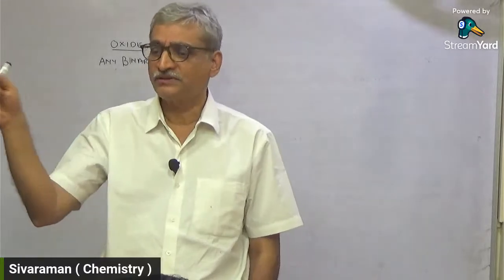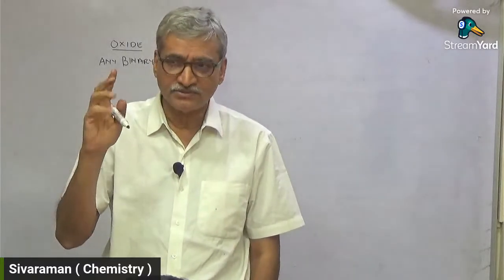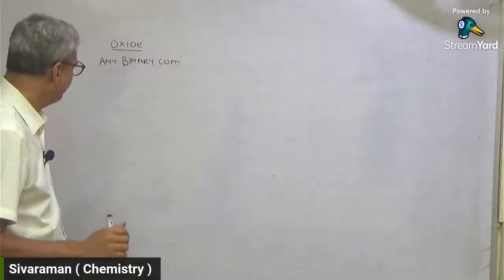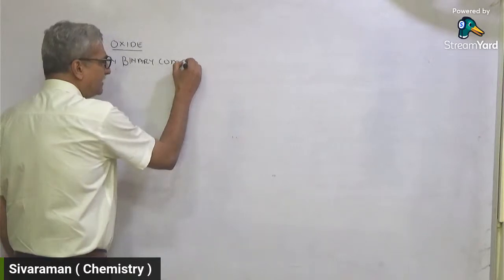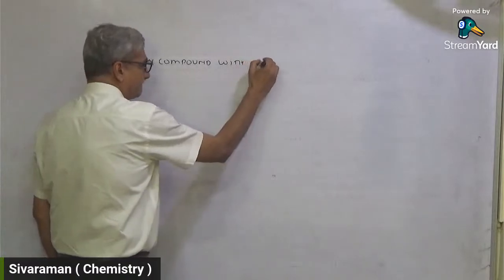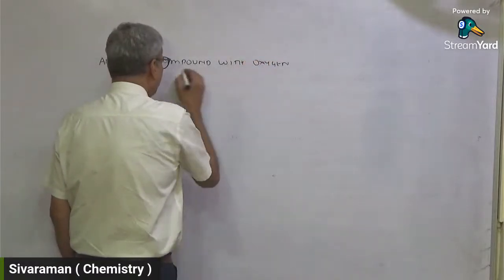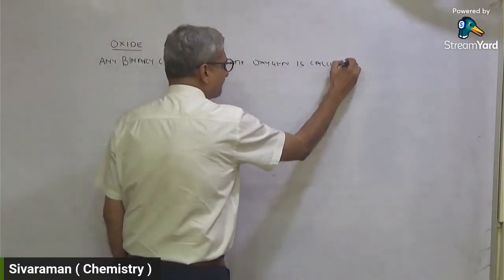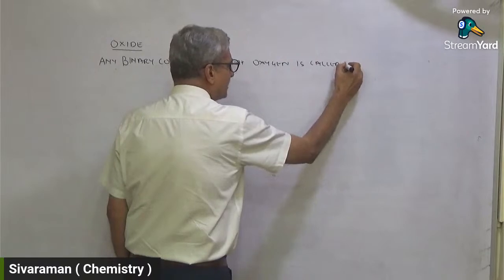You could have Na2CO3, so it's not a binary compound. It contains 3 elements: sodium, carbon, oxygen. But cupric oxide, cuprous oxide are binary compounds, formed by 2 elements. So any binary compound with oxygen is called an oxide.